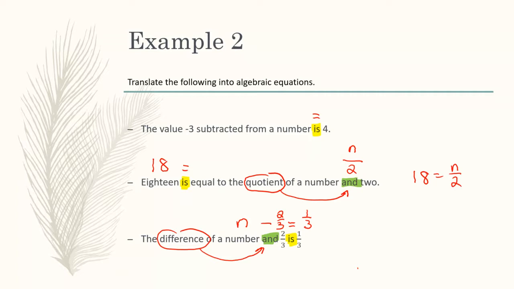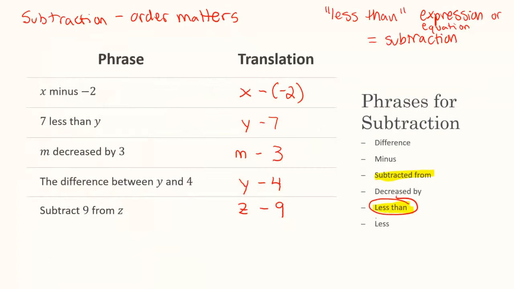Okay, now let's look at the top one because that one we didn't have the word and. So this one's a little different. Let's do subtracted from. So let me go back to our subtraction. So subtracted from: from we're going to put in the same category as and. Because if you look at the example here, subtract 9 from z, the symbol was between the 9 and the z, although it was in the opposite order.